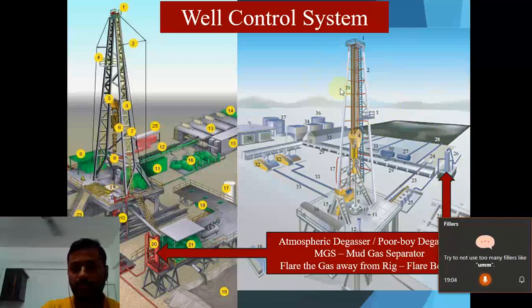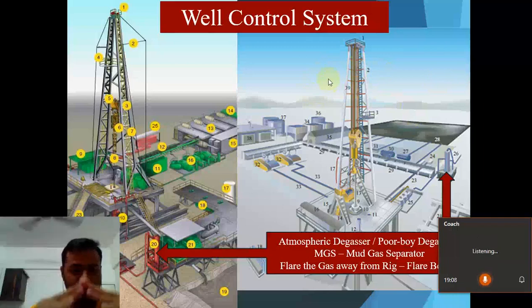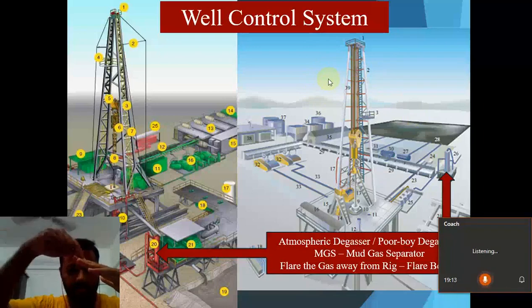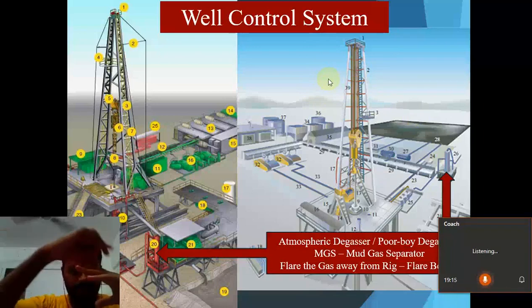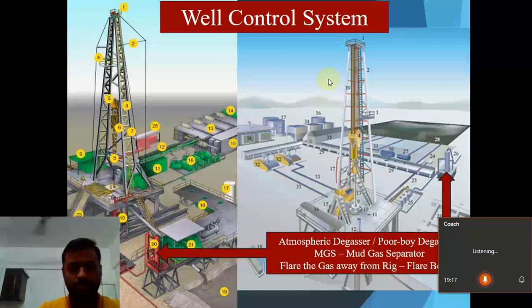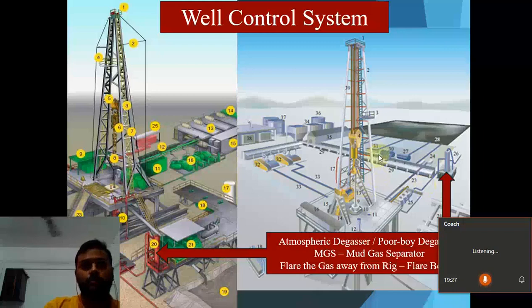It is an equipment which separates the mud from the gas using slanting slab structures inside it. If the mud with gas falls on it, the mud travels downward, the gas goes up, and it is sucked out. The gas is taken away from the rig on land and flared, burnt away some 1 to 1.5 kilometers away, depending on the distance.